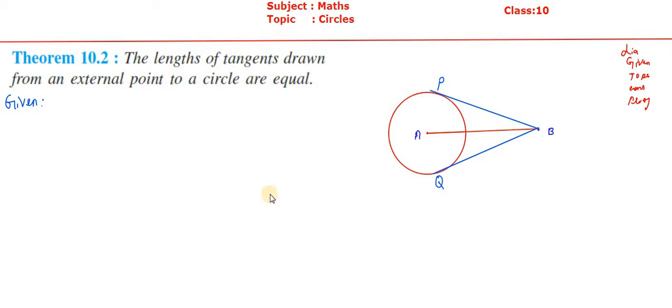We can write that A is the center of the circle. A is the center of the circle. B is the external point. B is the external point.